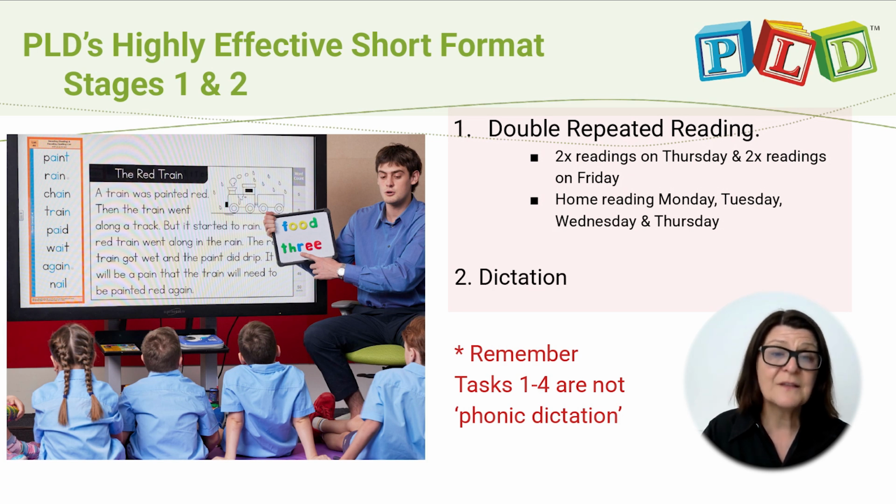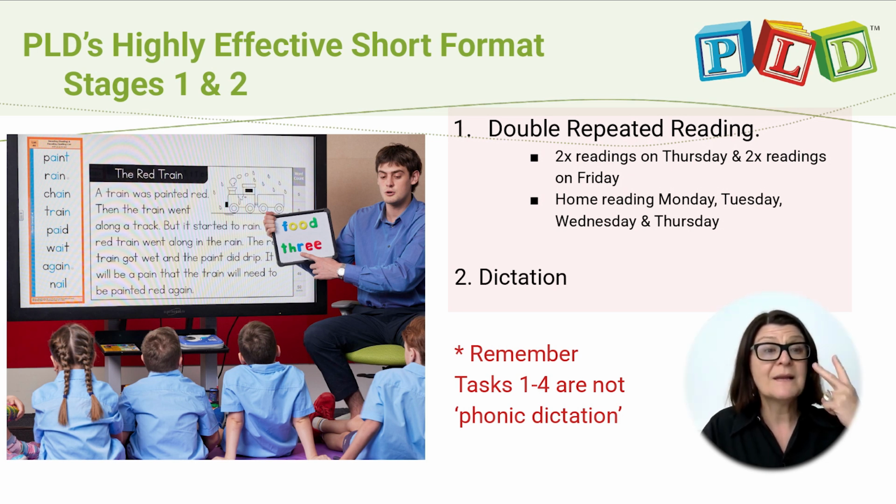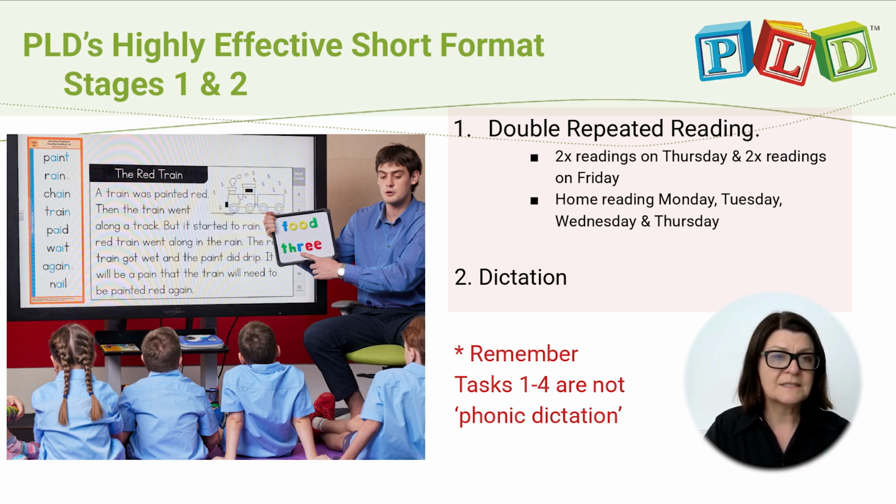Unfortunately, I do need to cover this because a number of you will have students that are located in stages 1 and 2 at a junior primary level in a middle and upper primary class. PLD recommends a double reading, 2 readings of those phonic passages, followed by 1 10-minute period of dictation. So the first reading of that passage will involve decoding, not of every word, but only that key phonic pattern.